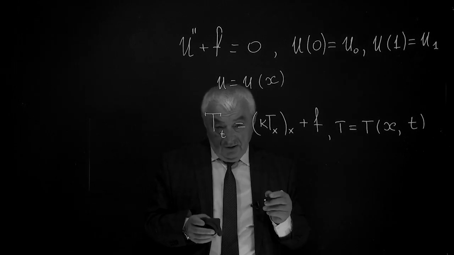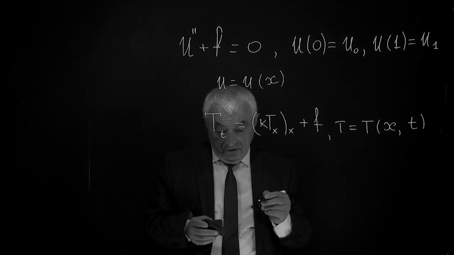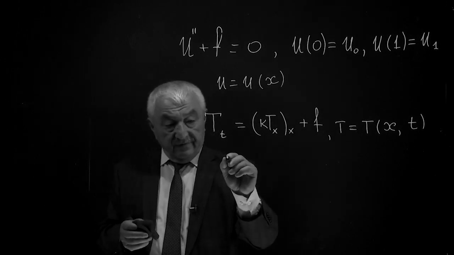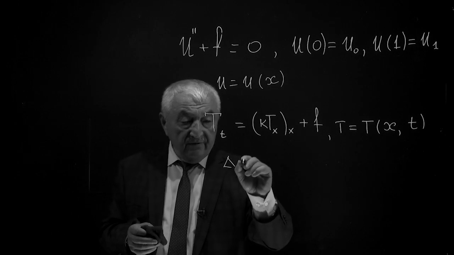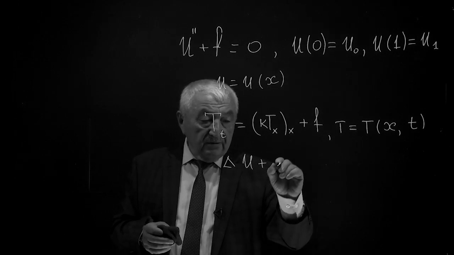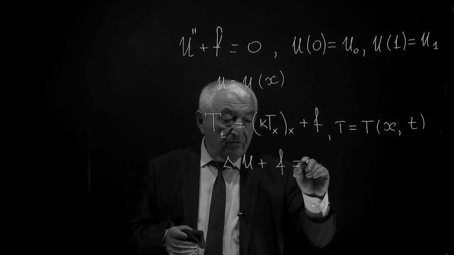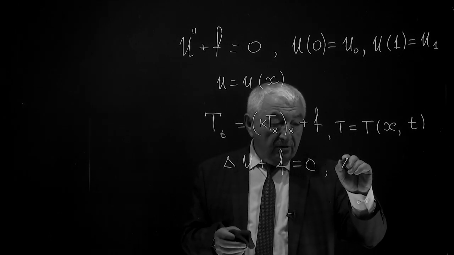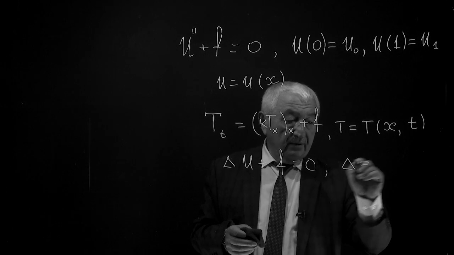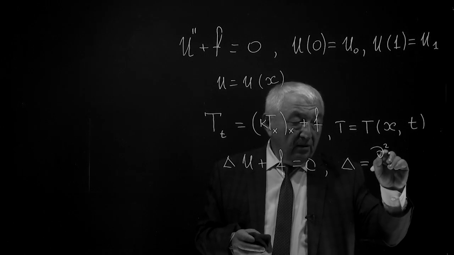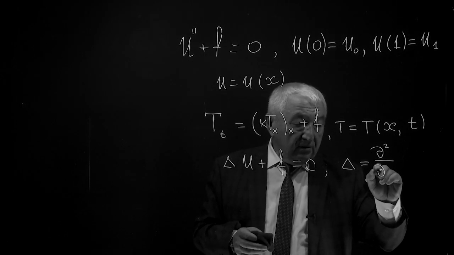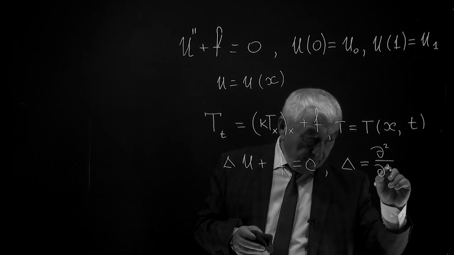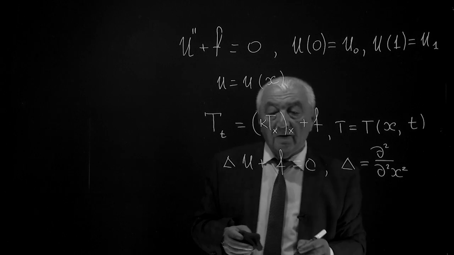There is another application of derivatives, elliptic types of equations. Such derivatives plus f is equal to 0. For example, in the one-dimensional case, the Laplacian is equal to the second derivative of the unknown function.